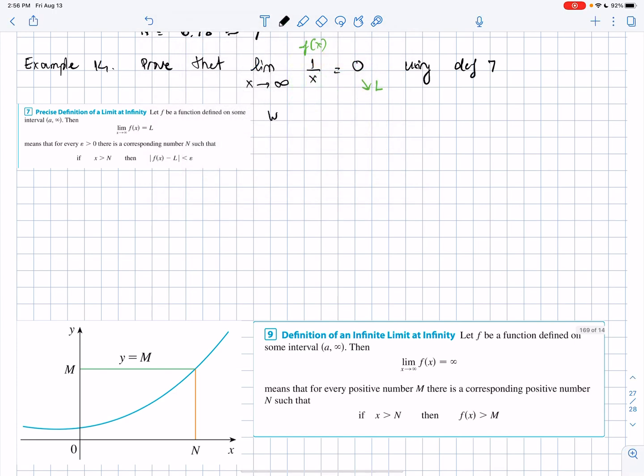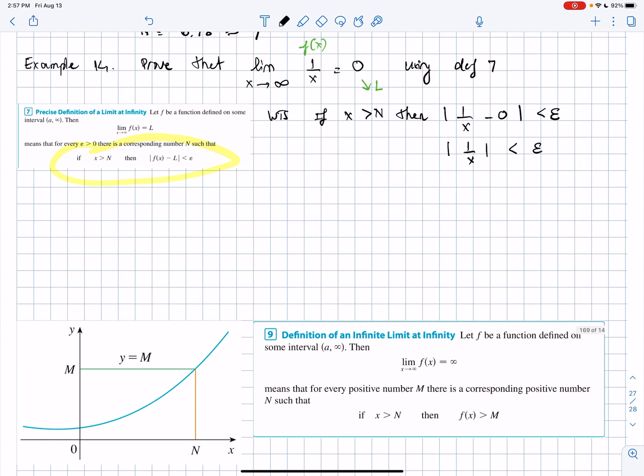So we want to show that if x is greater than N, then the distance between f of x, which is 1 over x, minus L, which is 0, is less than epsilon. This means that the absolute value of 1 over x is less than epsilon.